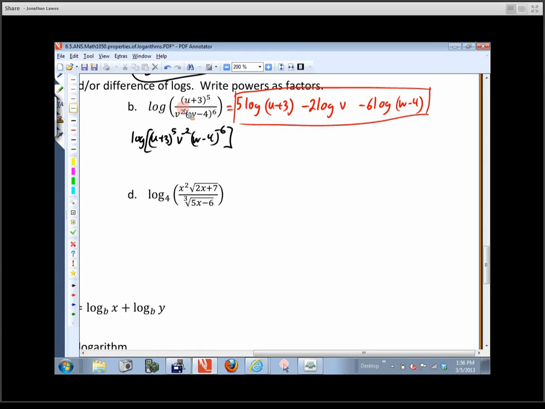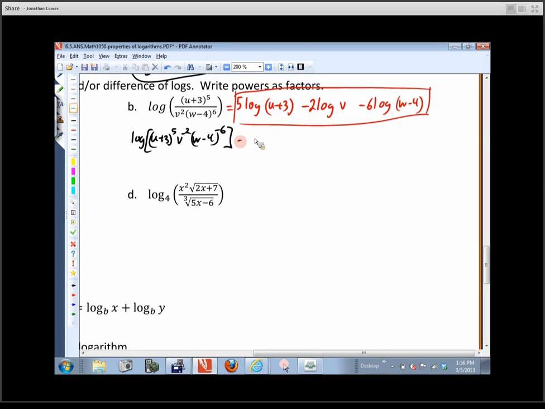Doesn't it change signs? Yes, it's also flipped, so it's negative. I've got the log outside, and all I did is I moved this onto the top and changed the sign of the exponent. Moved that on the top and changed the sign of the exponent. Is that okay? Okay, do I have any division in here anymore? Nope. So none of them are on the bottom, right?